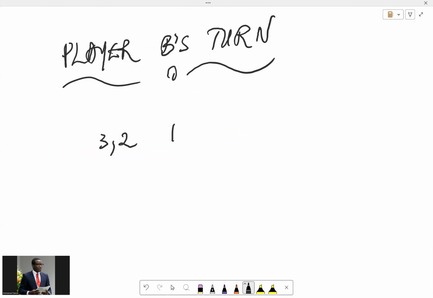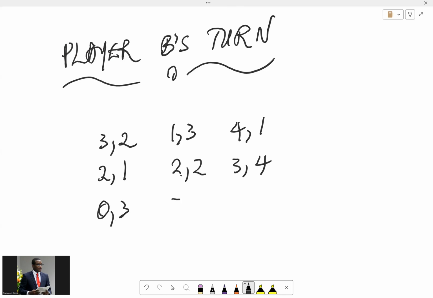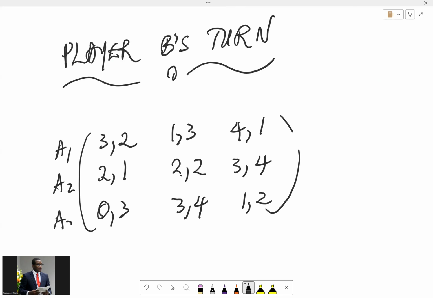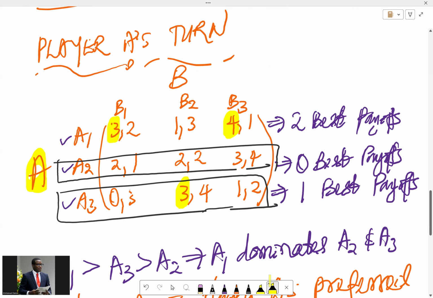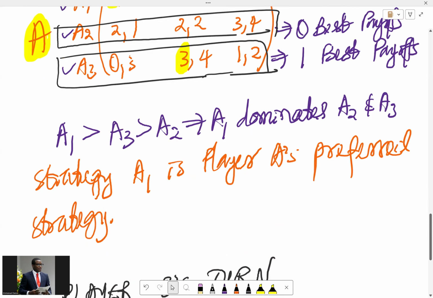We have 3-2, 1-3, 4-1, 2-1, 2-2, 3-4, 0-3, 3-4, 1-2, and this is A1, A2, A3, B1, B2, B3. So this is player B. This is player A. Just like before, the focus was on player A here.